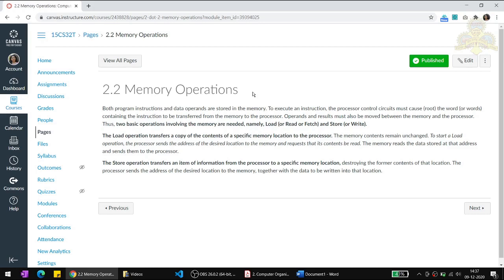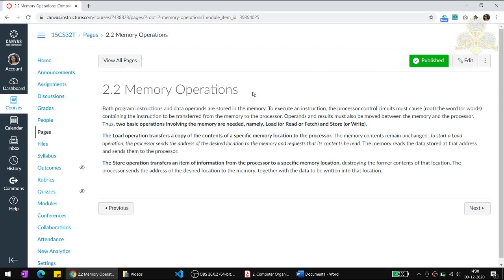Your memory contains both the instructions, that is the programs, and its data or the operands. Now to execute an instruction, your processor should send the address and reference that particular address in the memory, and from that location it has to either fetch the data or take the instruction, and then execution of that instruction will get started.